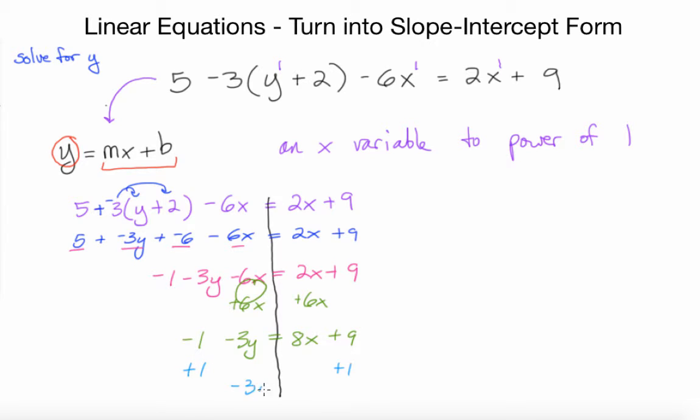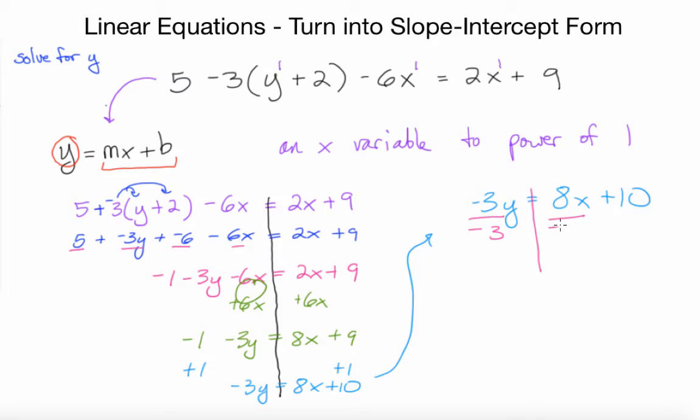And I've got negative 3y equals 8x plus 10. And my last step, I can get y by itself. I got to get rid of that negative 3 times y, so I'm going to divide both sides by negative 3, and I have to do everything on both sides by negative 3. So that divides out to leave my y value.